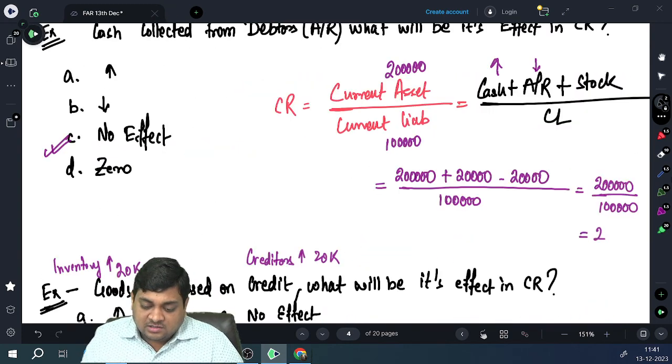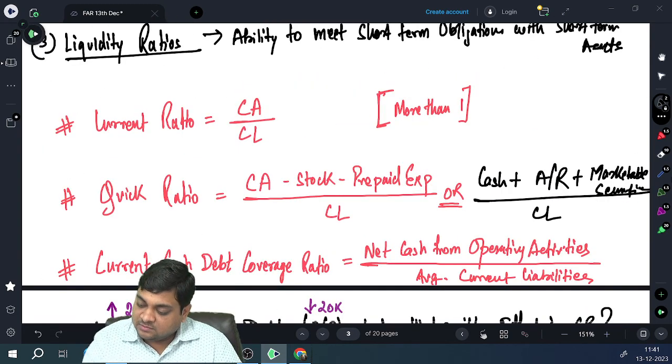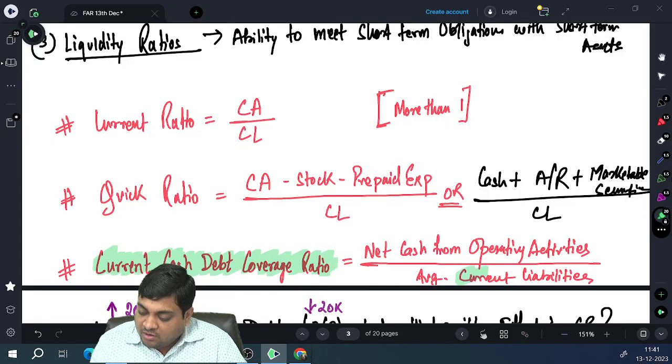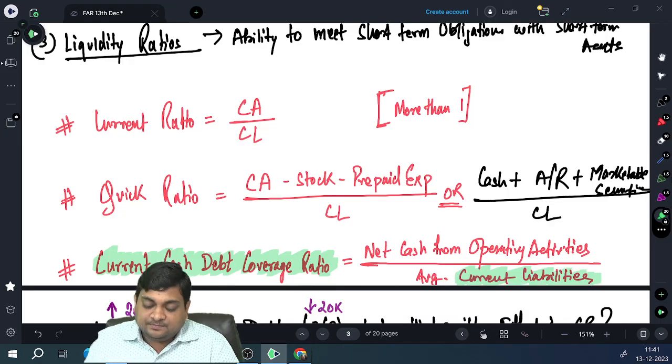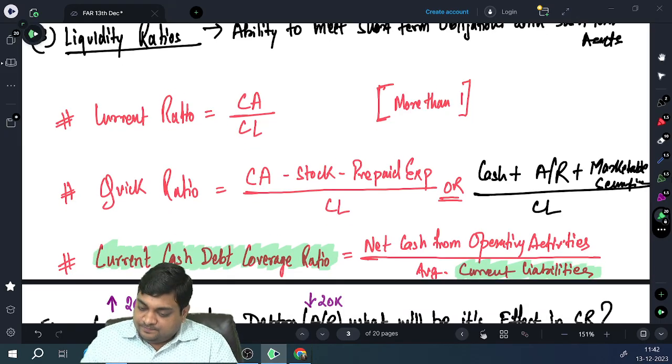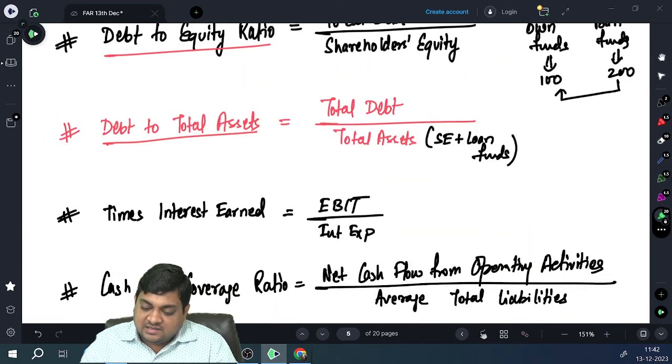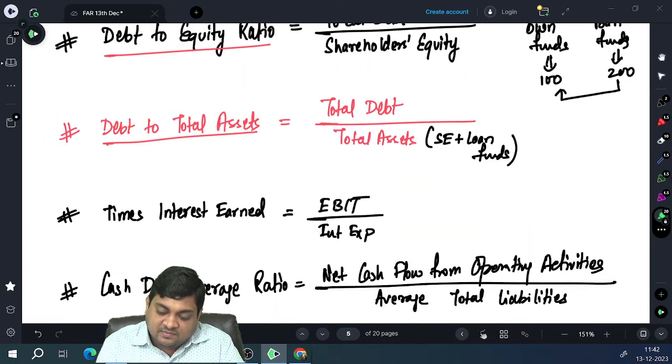Out here, if you see carefully, it was the current cash debt coverage ratio, so we took current liability there. But here it is the cash debt coverage ratio, so I am taking total liabilities.